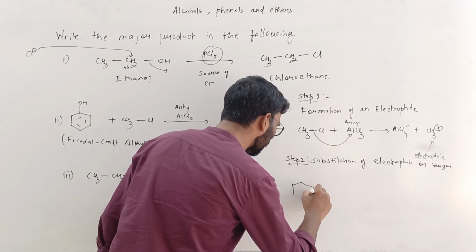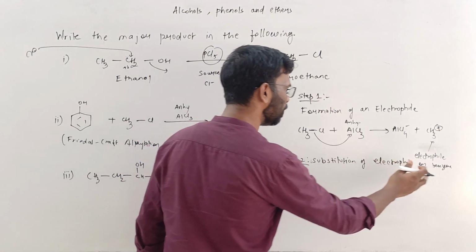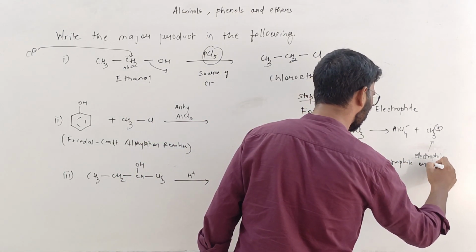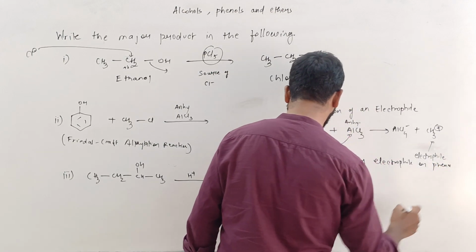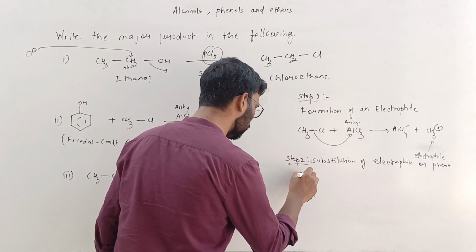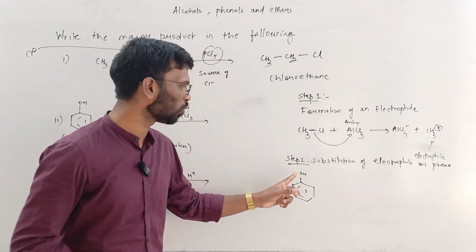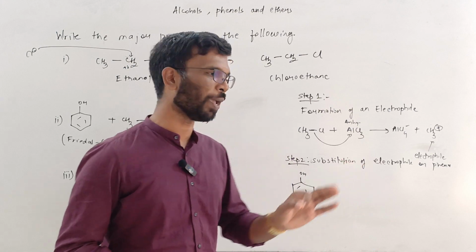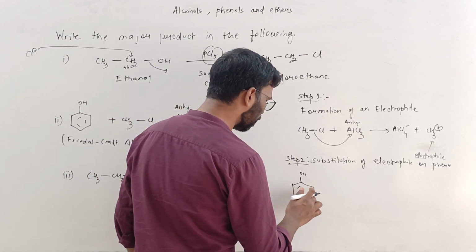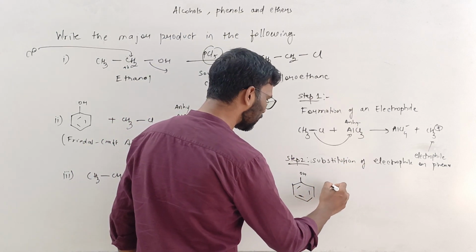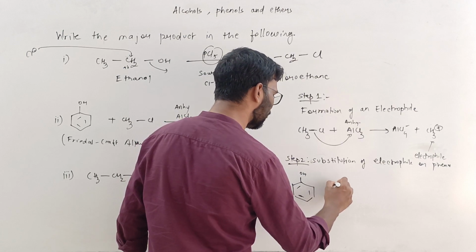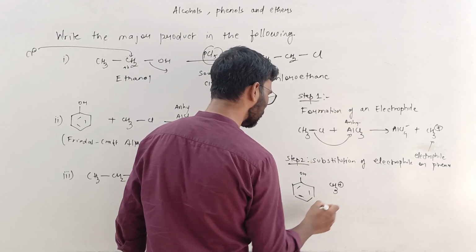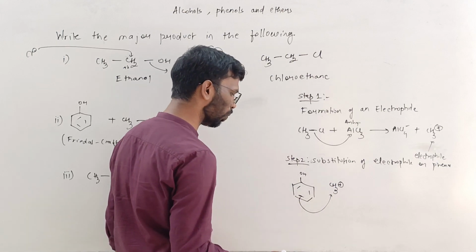So on benzene means in this case it is phenol, right? Phenol. So the nature of this OH is what? It will direct the incoming electrophile to the ortho and para positions. So para is more stable. So this is the electrophile CH3 plus, okay? This will attack over here.